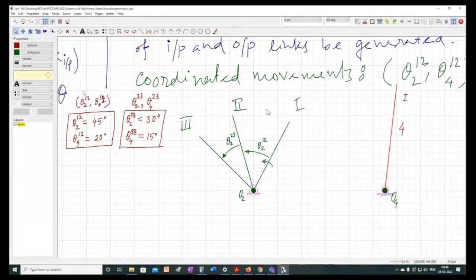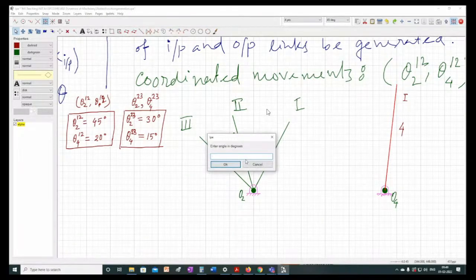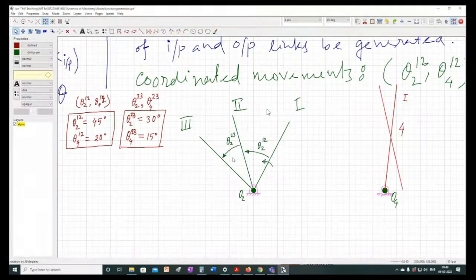To do that, we just copy this and then rotate it. How much should we rotate from position 1 to position 2? 20 degree. 20 degree up. So we have rotated and placed it here.